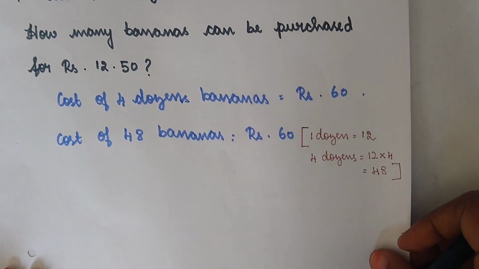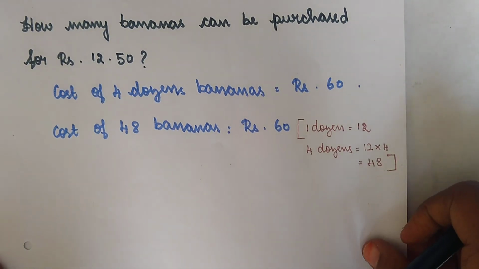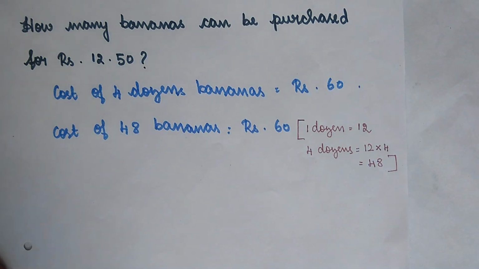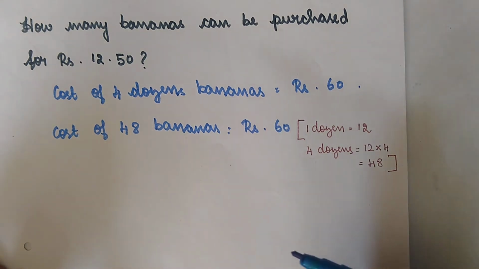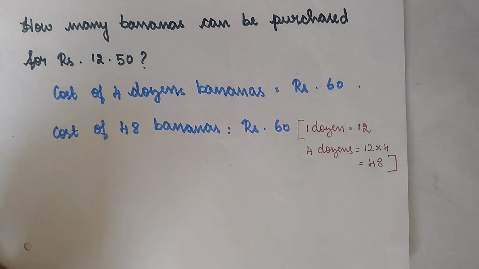You can write in bracket. So from rupees 60 the number of bananas that can be purchased is 48. So we have to find from rupees 12.50 the number of bananas that can be purchased. Before that we have to find from rupee 1 the number of bananas that can be purchased.